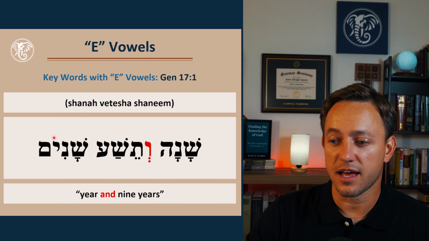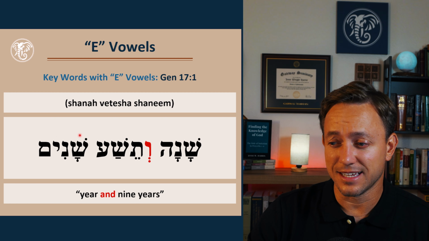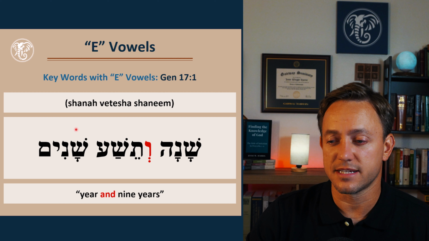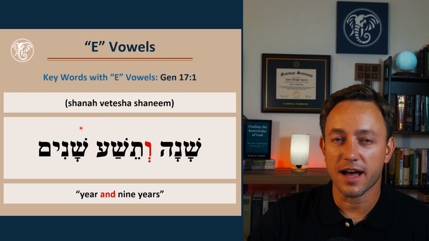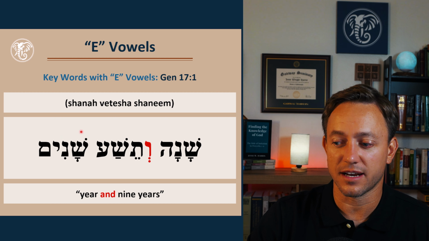So shana and shanim are the same word. This one is just plural. This one's singular. In ancient Hebrew, it's a little bit weird how they do numbers. This one is technically singular. This one's technically plural, even though it's 90 and 9. It's a little odd, but that's how they did it. So we have that Abraham was the son of 90 years and 9 years, or 99 years old.